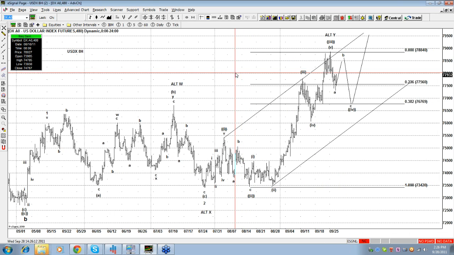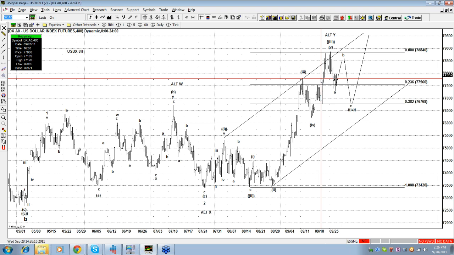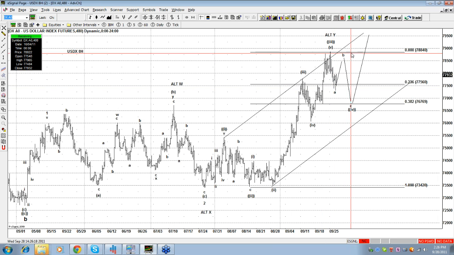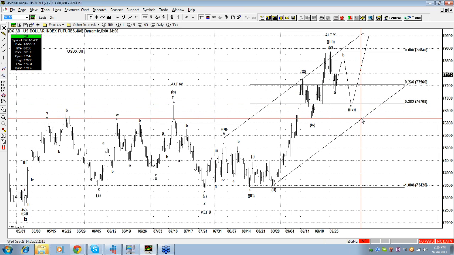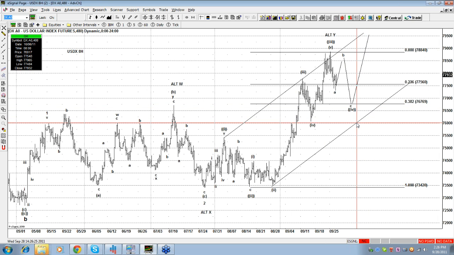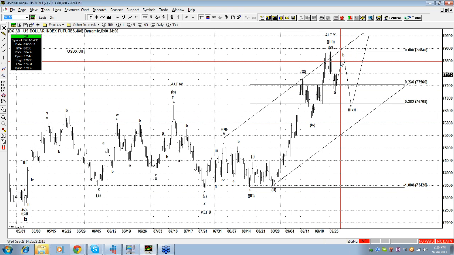Now, this is the dollar index in 8 hours. What are you expecting? A three-way bounce to around 76.5, and in extension it can go on to 75, depending on which count it is right here.